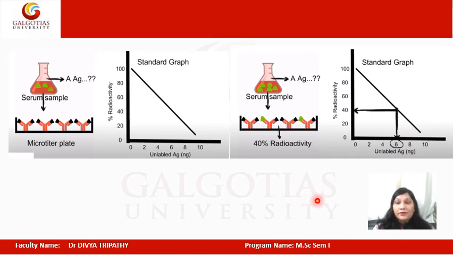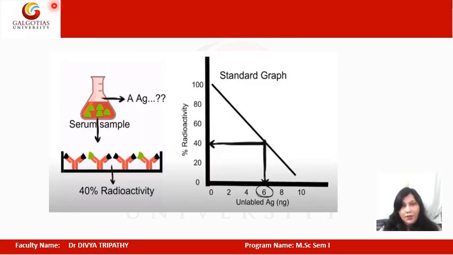Now by using this standard graph, you can easily find out that the radioactivity decreased to 40% when the concentration of A antigen is 6 nanograms per ml.